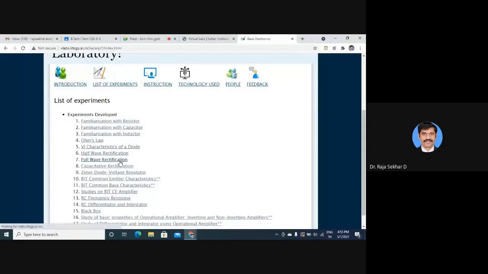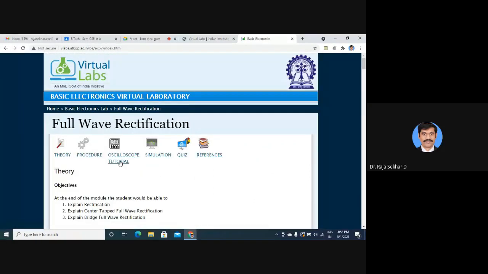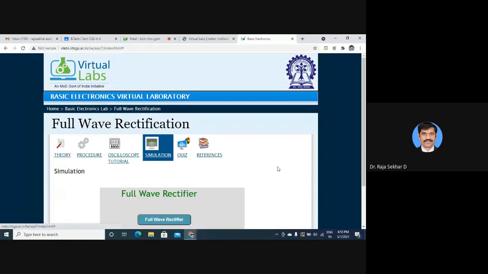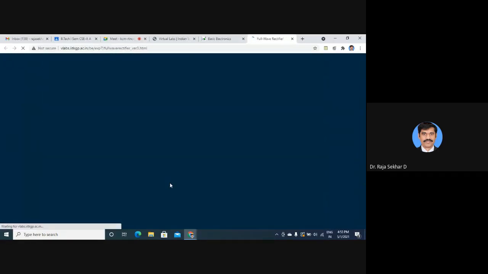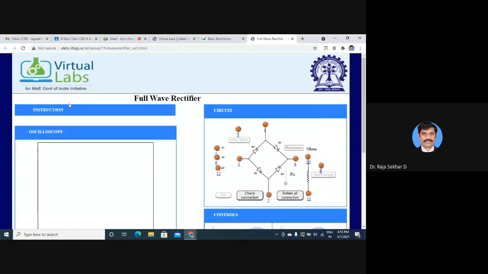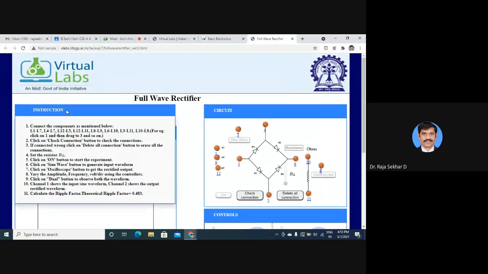So full-wave rectifier means here the bridge rectifier only. By observing the instructions, you can connect the circuit. Connect the circuit parallel with me.